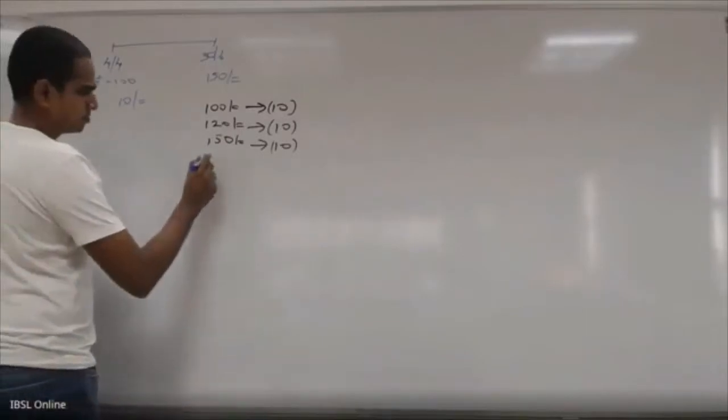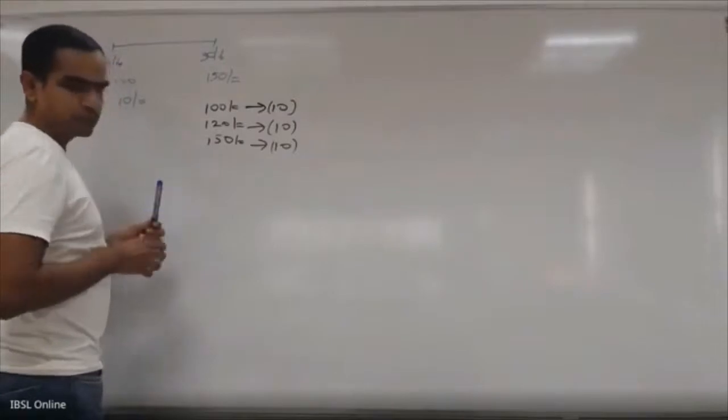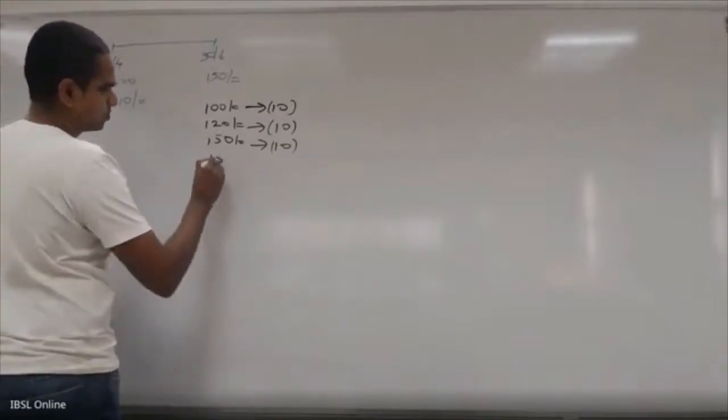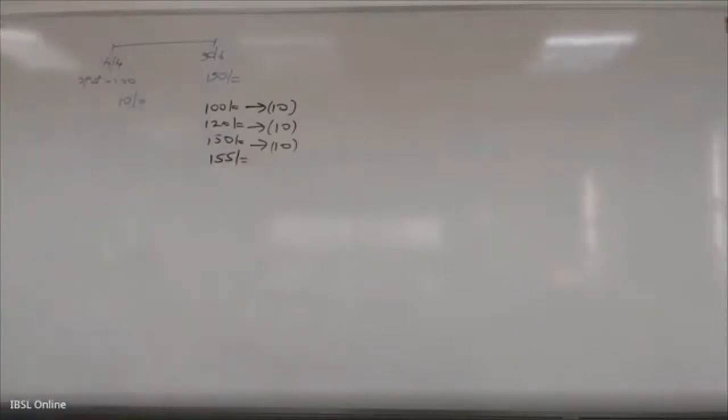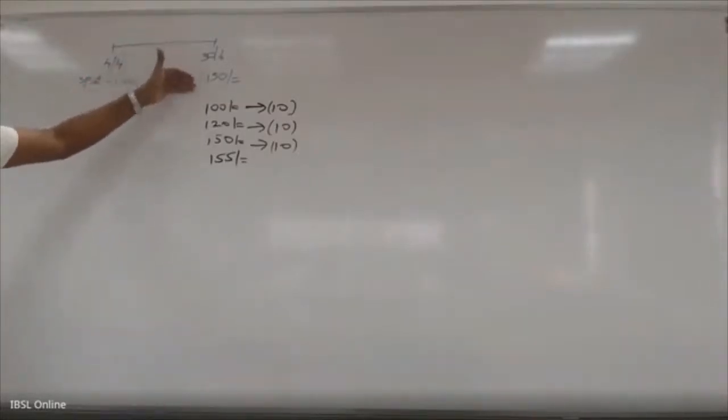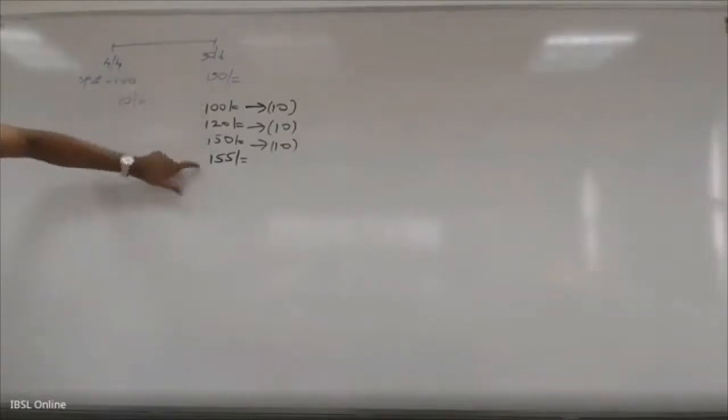Then at 155, if the price of a mango on 30th June is 155, right? If it's 155, then you will come to me and buy at 150. No? Why? Because I'm still offering 5 rupees less than the market, right? You can buy from me at 150. If you buy from the market, you can buy at 155.